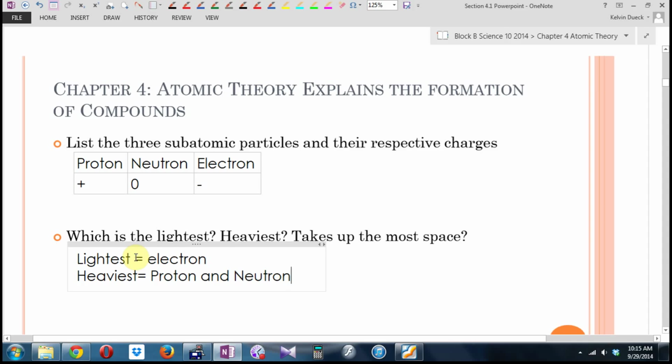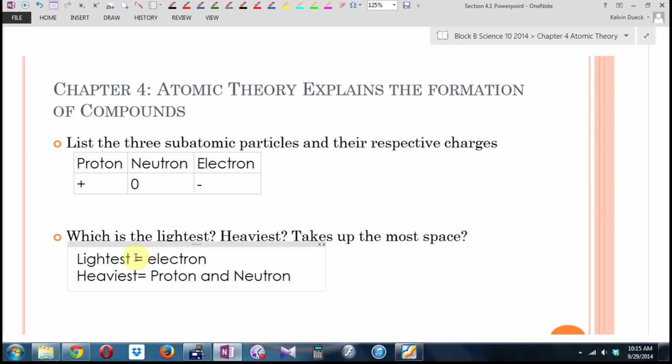They weigh almost identically, such that we're going to treat them as though they have identical mass. I think somewhere on like the 10th or 12th decimal place they differ, but shh. We're not going to say anything. We don't care. Protons are heavy. Electrons are light.